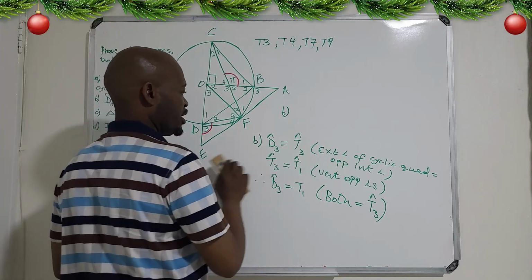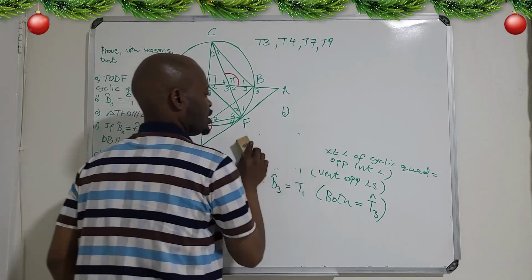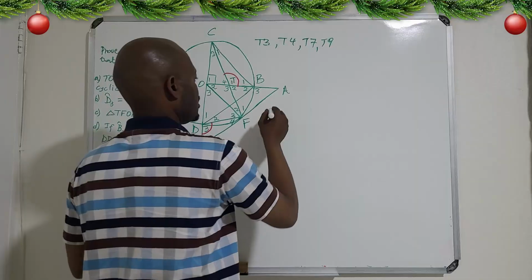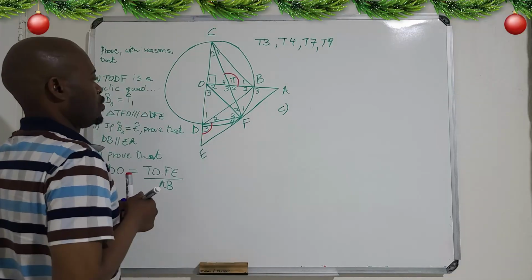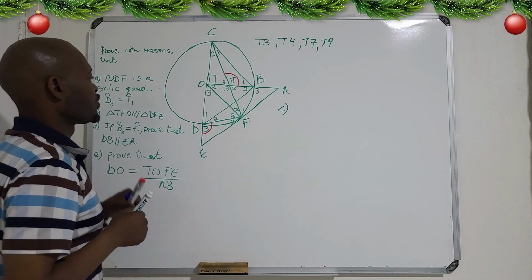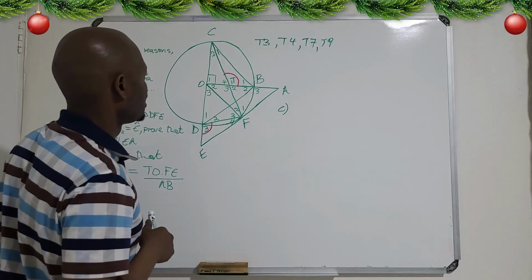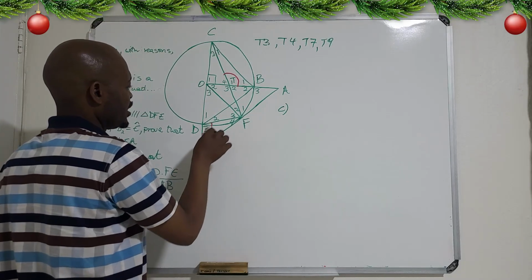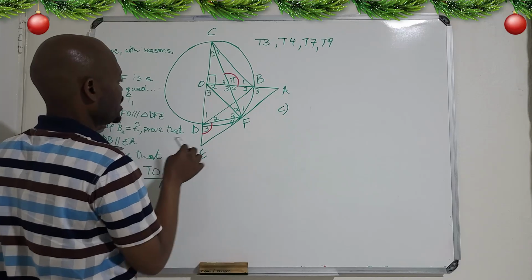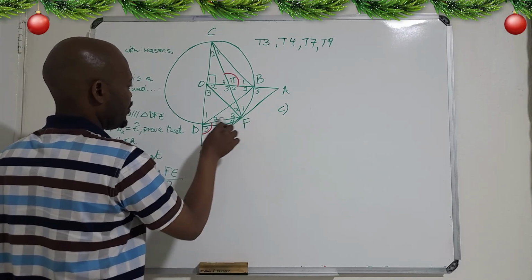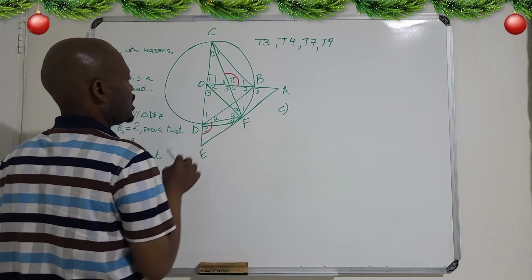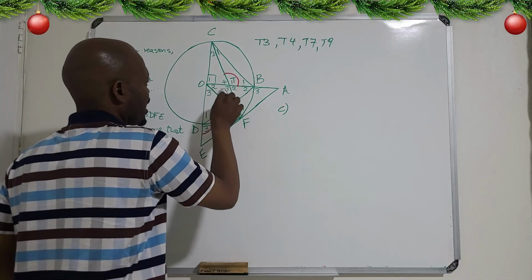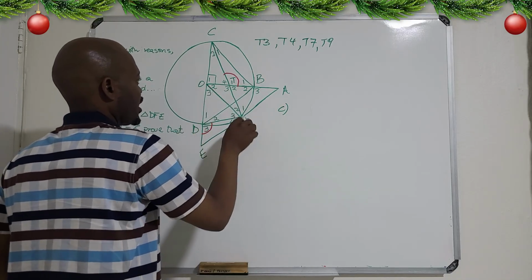Now, I remove B because I've already done it. C. Now, for us to prove that the two are similar, we've seen from B that this angle in this triangle is equal to this angle in this triangle.